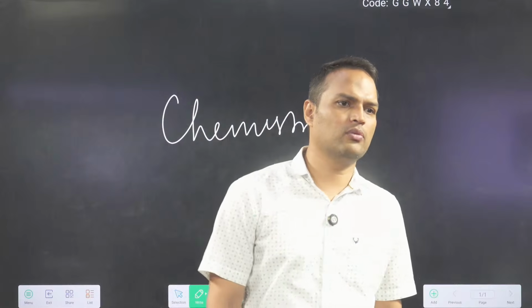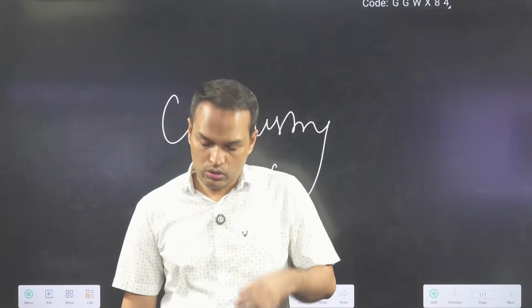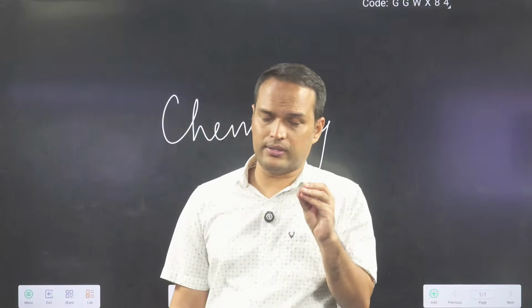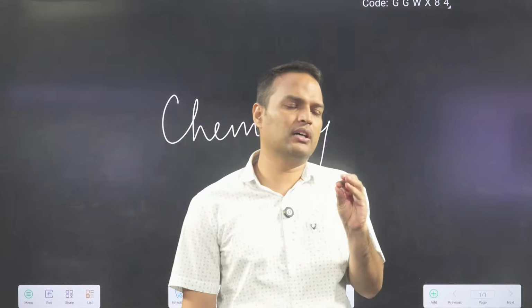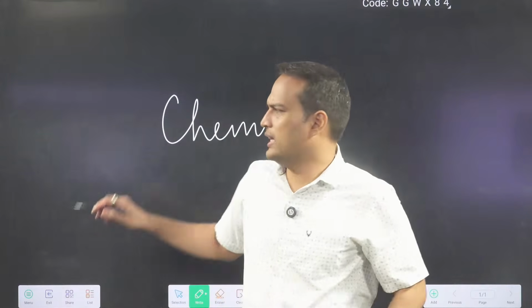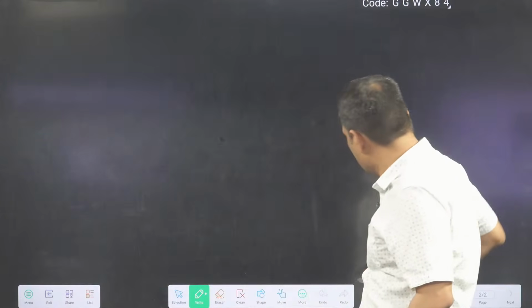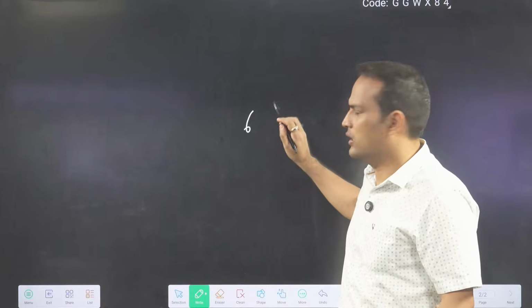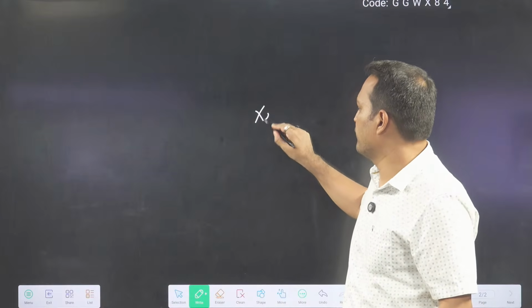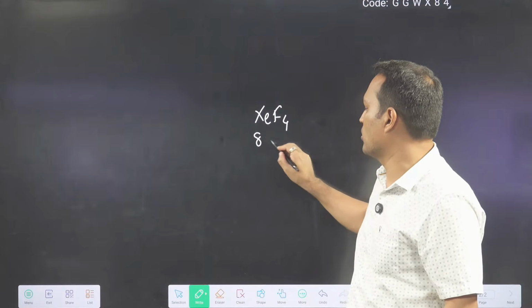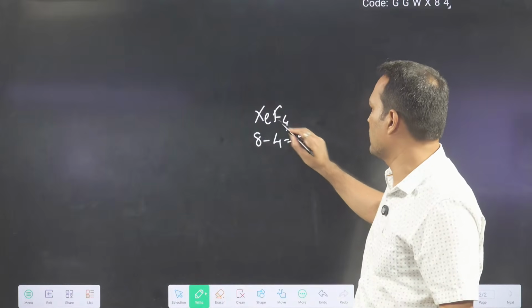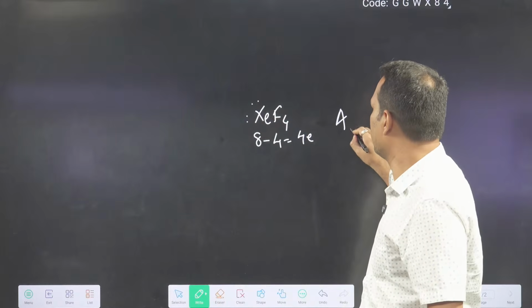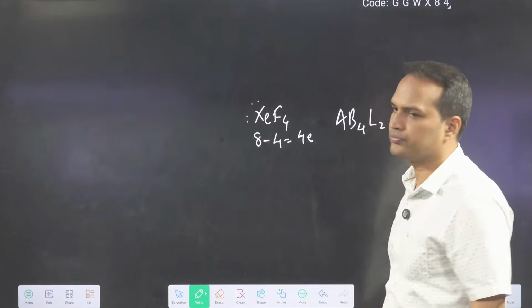We will see what is the next chapter after bonding. So see, we have two things. One thing we have written before, that we were doing like this: 6 electrons are there, 6 malo Zn and F4 is there. So we have done 8 electrons, 8 minus 4, 4 electrons left, 2 lone pair. Then we were writing AB4L2.